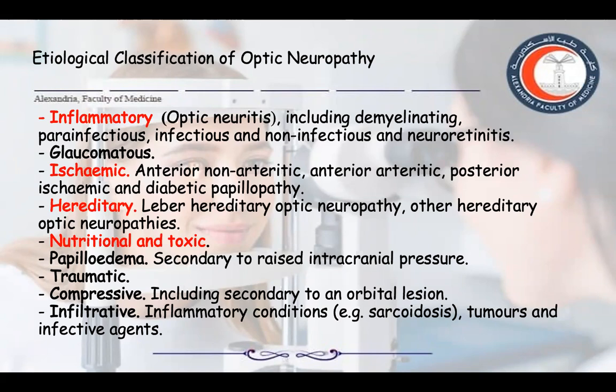We have the hereditary causes with positive family history. We have the nutritional and toxic causes, as we see a lot in our toxicology department with methanol toxicity and so on. We have the papilledema that, as I mentioned before, can cause secondary optic atrophy. We have the traumatic causes, as my colleague Haitham mentioned in his trauma lecture. We have the compressive and infiltrative causes.